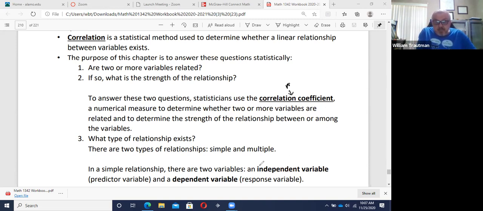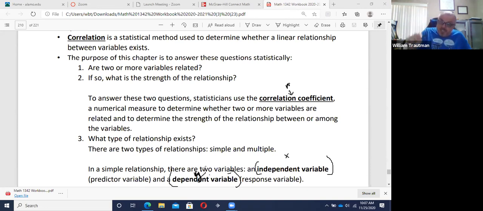The independent variable is usually the X values on a graph. When you have a graph, you have the X values and the Y values. X values are normally horizontal, the Y values are vertical. The independent variable is usually the X value, and the dependent variable is the Y values. Independent, the X values; dependent, the Y values.